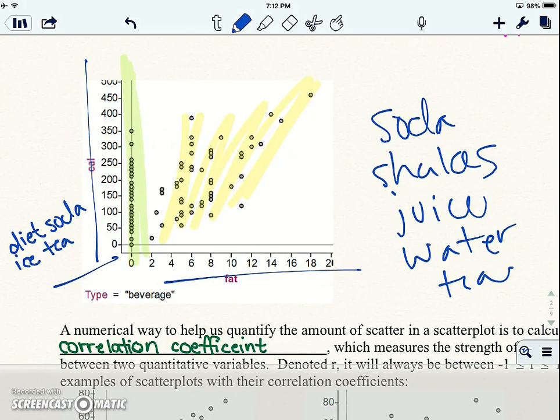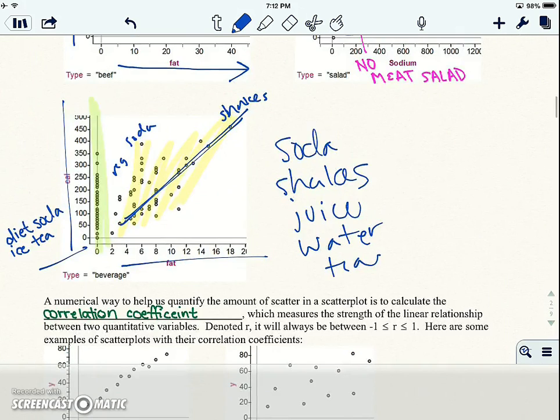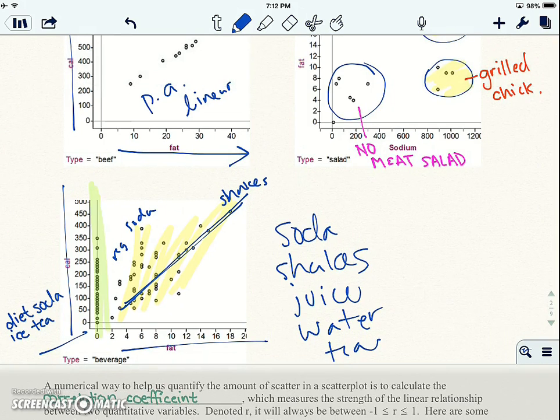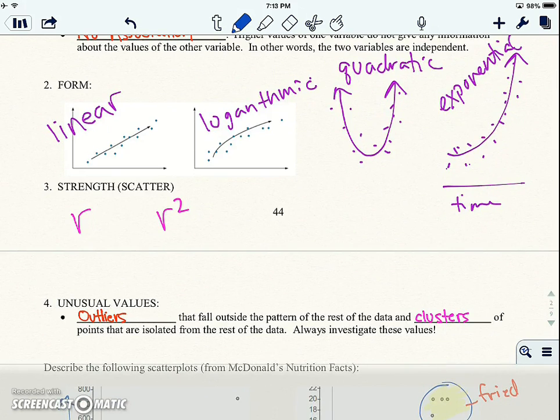Here though, then, we're looking at fat. Okay, maybe we've got regular sodas, and then we're starting over here at the shakes. So again, we kind of have a loose linear trend here and something else here. So these scatter plots really do help you pick out what's going on.